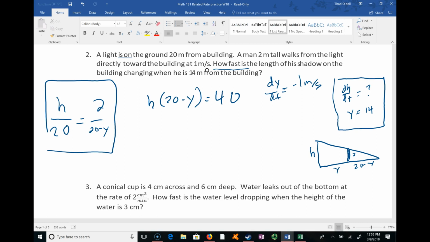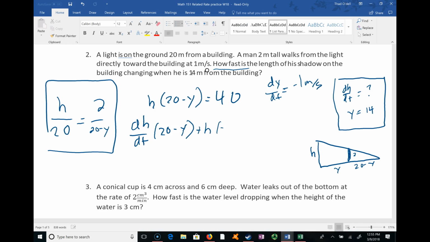Now let's take the derivative of both sides. So the derivative of 40, of course, is 0. Derivative of h is dh dt times 20 minus y, plus we have h times the derivative of that, which would be negative dy dt.